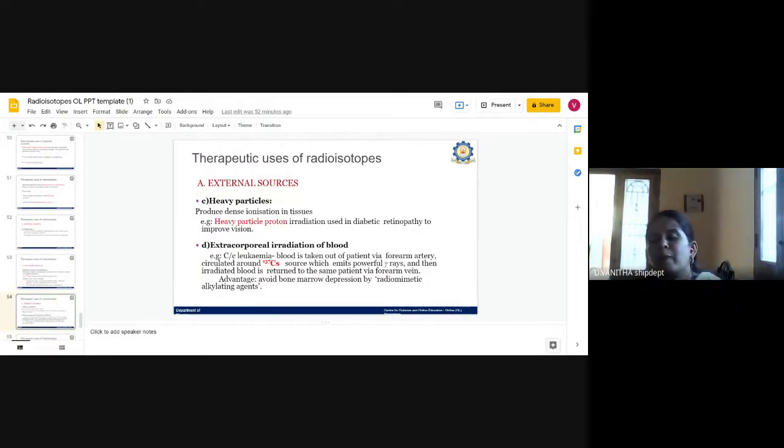Heavy particle proton irradiation is used in diabetic radiotherapy, and it improves vision.